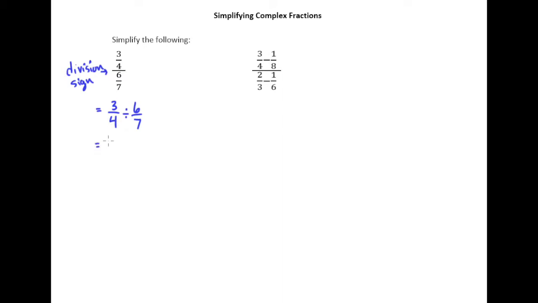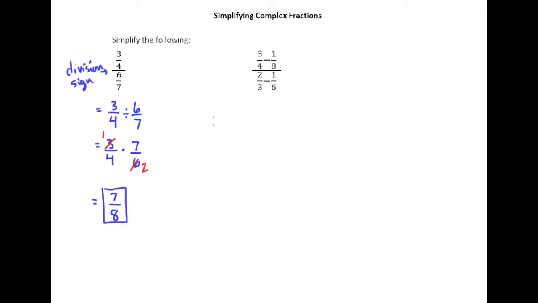So we know from here we multiply by the reciprocal, or the flip, of the second fraction, and then we do any reducing that is possible. So 3 divided by 3 is 1, 6 divided by 3 is 2, and so we end up with the answer of 3/14.